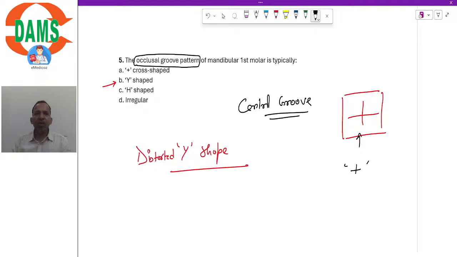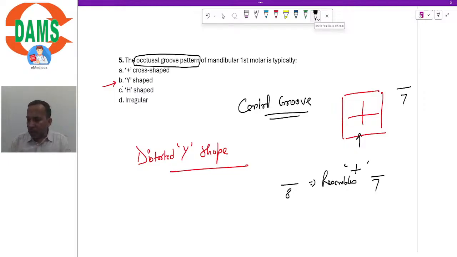And the third molar usually resembles the second molar, right? So usually the central groove pattern on the third molar would be plus or cross shaped.